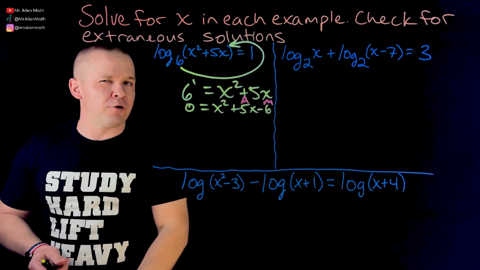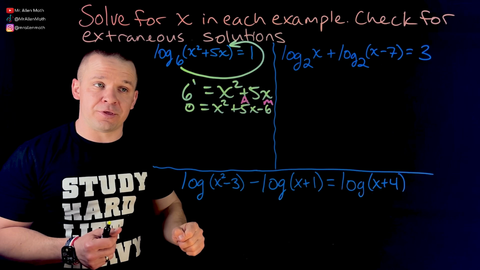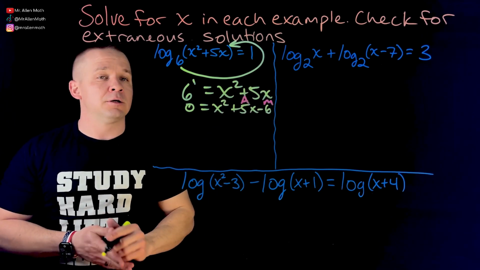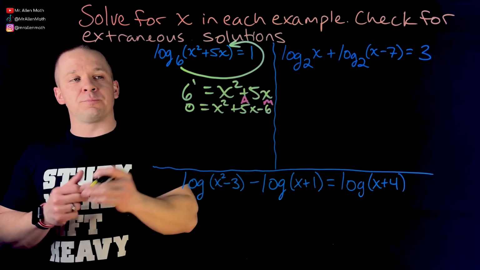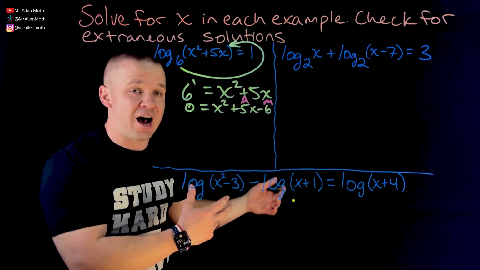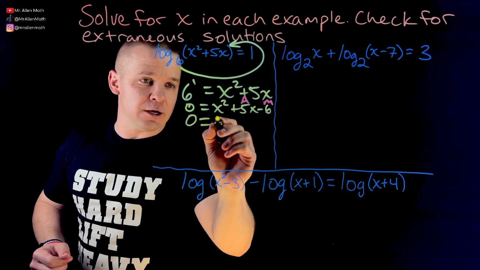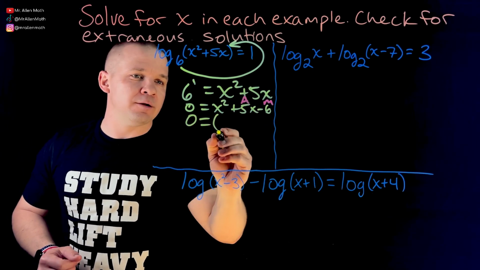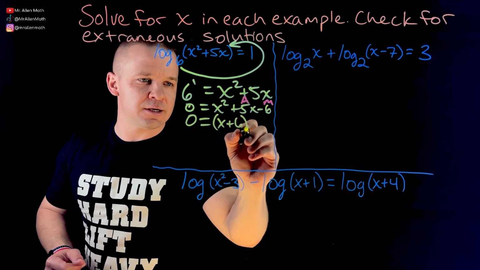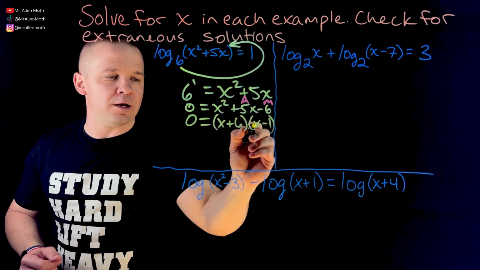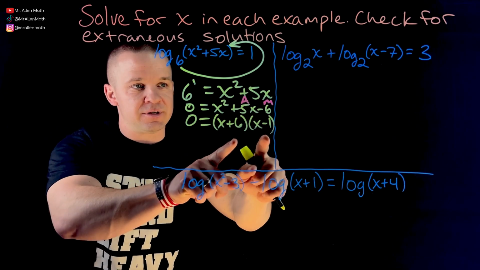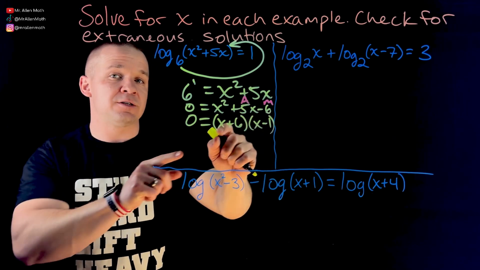That's why a lot of people refer to it as the AM method. Add to this, multiply to that. So what multiplies to negative 6 while adding to 5? Well, 6 and negative 1. So x plus 6, x minus 1. That multiplies to negative 6, and 6 minus 1 is 5.